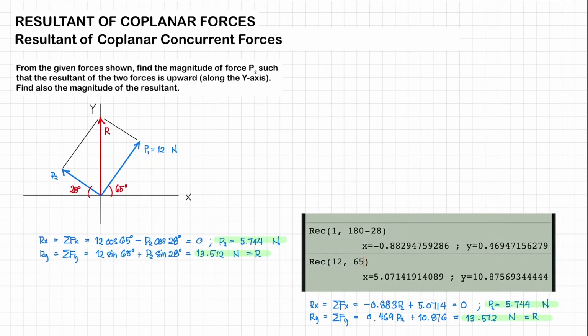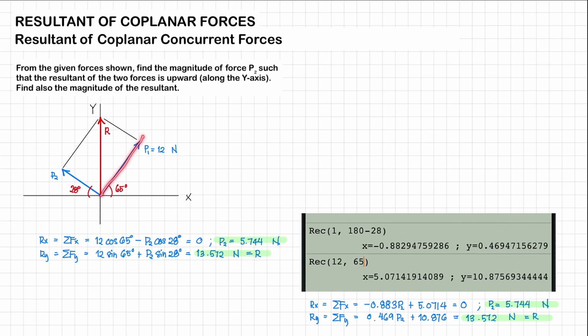All right. Next problem. So we have here given forces P sub 1 and P sub 2. The magnitude of P sub 1 is given, which is 12 newtons, but the magnitude of P sub 2 is not given, although their directions are given.